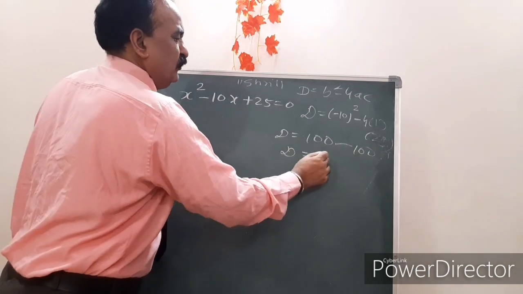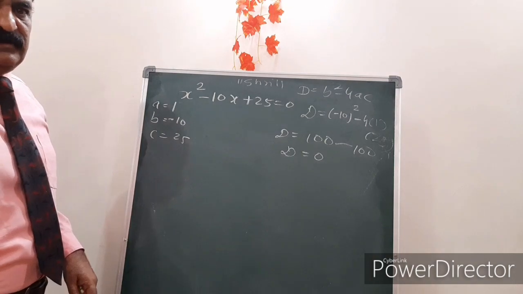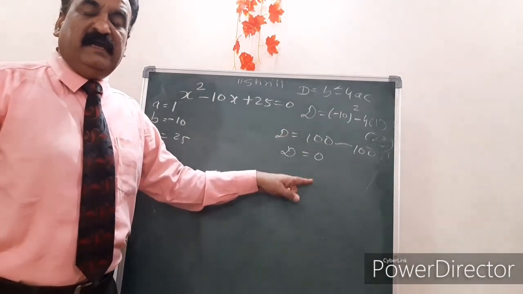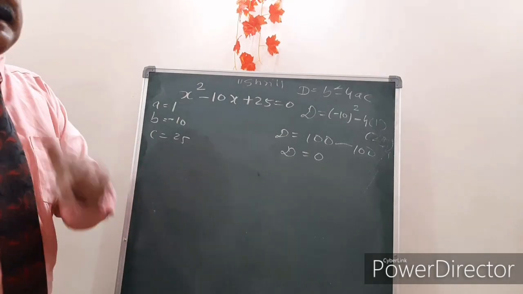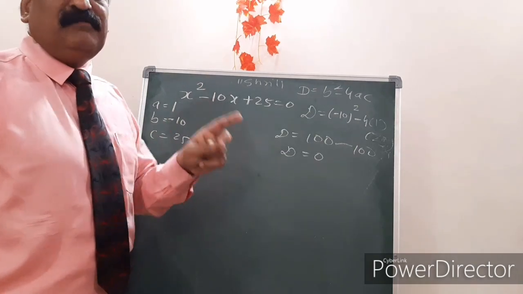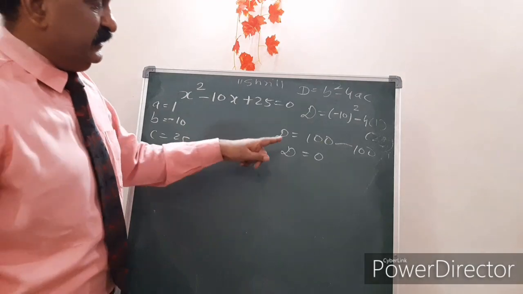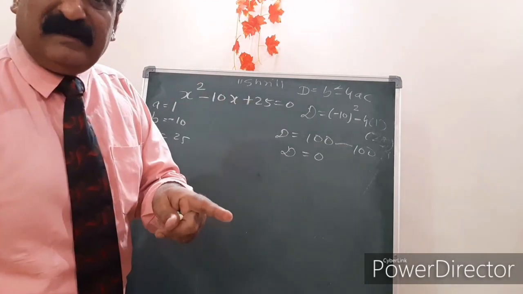So D is equal to 0. It means if D is equal to 0, then the roots are real and equal. This is the second condition. If D is greater than 0, roots are real but not equal, or you can say roots are distinct. And here you can write if D is equal to 0, roots are real and equal.